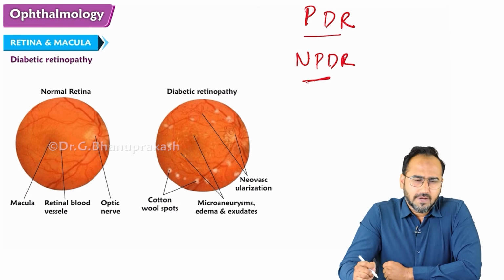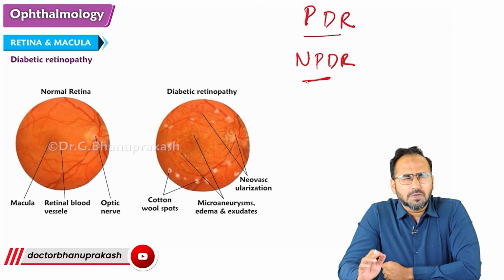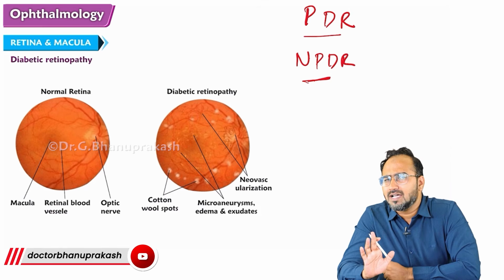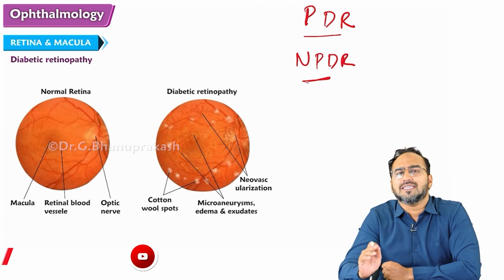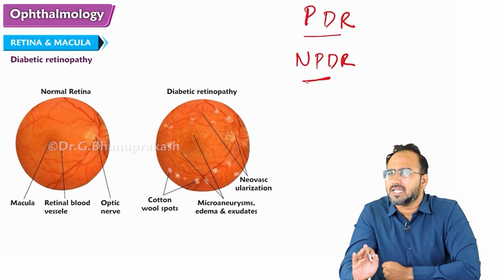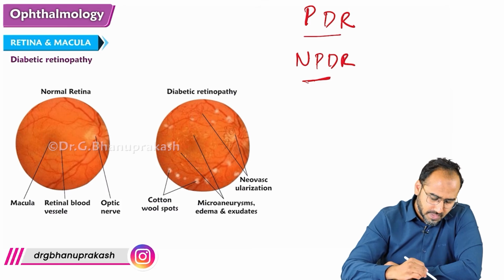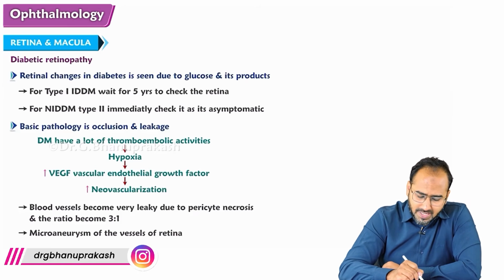As you go with the name, neovascularization means new blood vessels being formed on the retina. That is, new blood vessels are proliferating. So, proliferative diabetic retinopathy is characterized by neovascularization, whereas non-proliferative is characterized by microaneurysm.